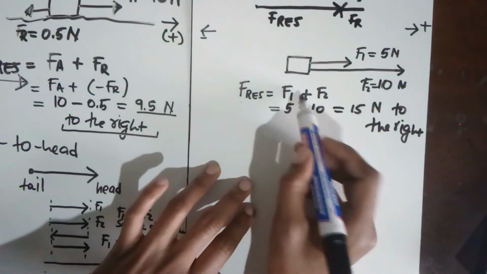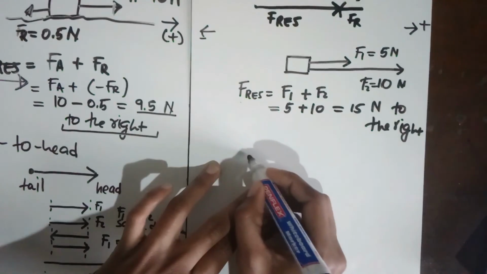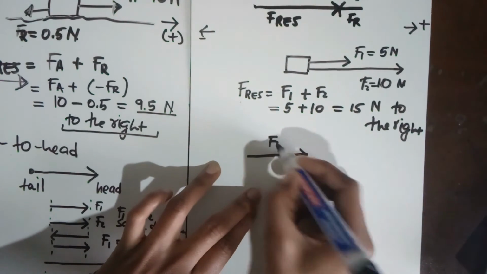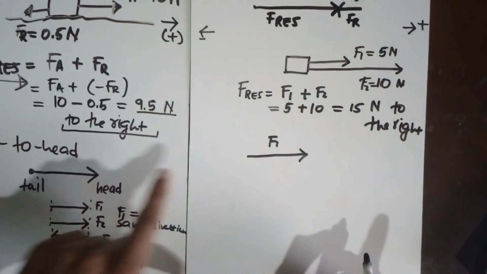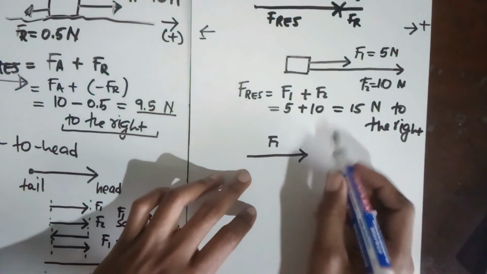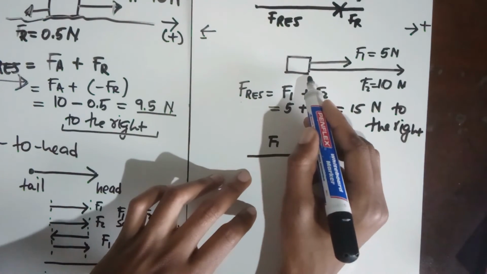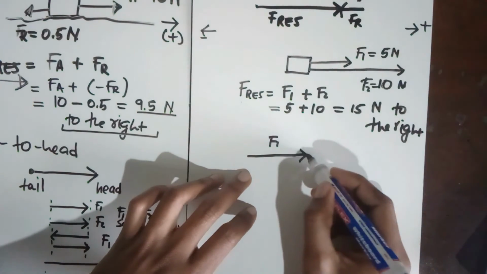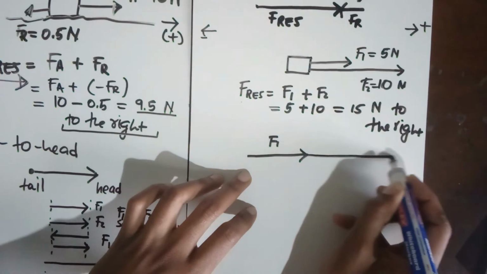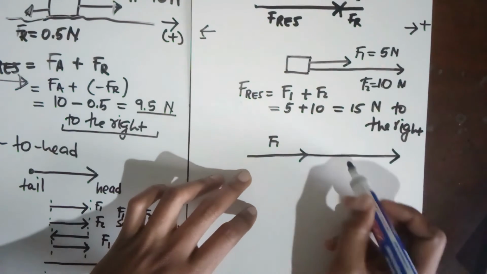So let us pick F1. So we draw the first vector there, it's 5 newtons, it's F1. And using the tail to head method, we know that the tail of the second vector would be at the head of the first vector. This is the head of the first vector, so the tail of that one will be here, and it's quite longer. It's 10, remember?